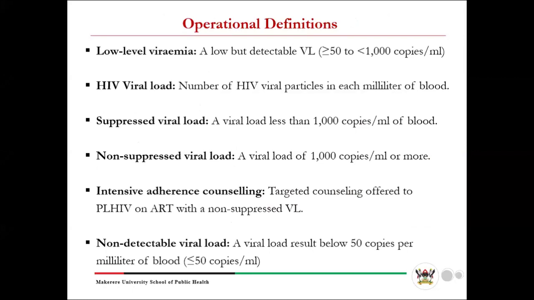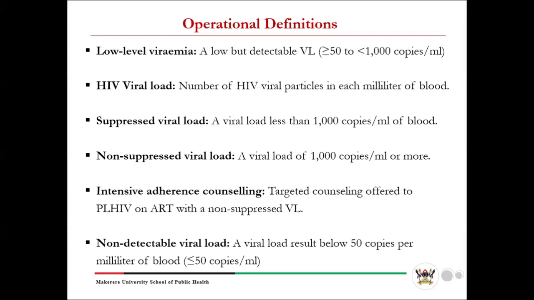And by low-level viremia, we mean a viral load which is low but detectable, that is 50 copies to less than 1,000 copies per mil. All of us know viral load as the number of HIV viral copies per millimeter of blood. A suppressed viral load means a viral load less than 1,000 copies per mil as per the WHO guidelines.